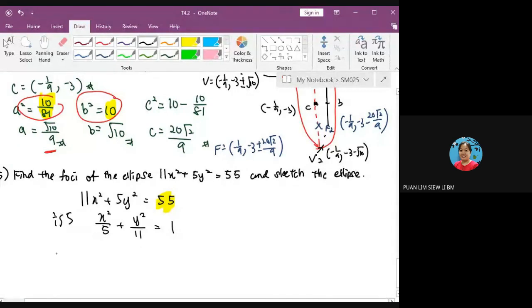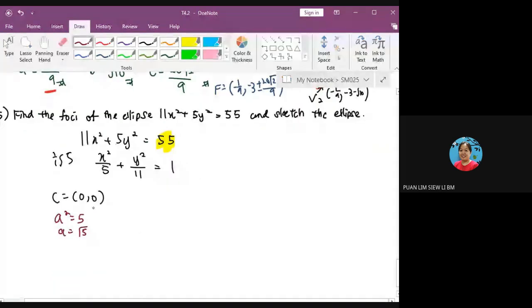Then we can see center is 0, 0. And then our A squared is 5. So A will be square root 5. Then my B square will be 11. So 11. C square, take the longer minus the shorter. So square root 6. Done.